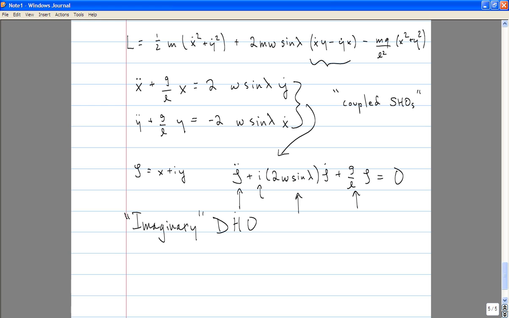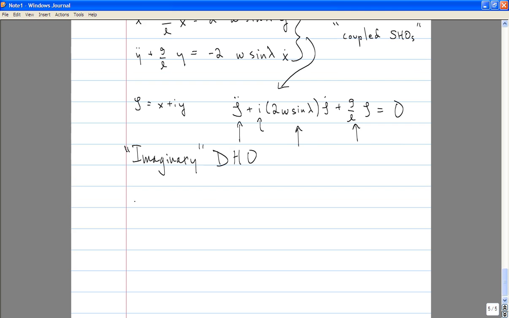So you know exactly how to write down the solutions. You just replace Q by iQ everywhere. In particular, the solutions are zeta equal to e to the i alpha t, where alpha is a root of the polynomial minus alpha squared plus 2 omega sine lambda i alpha plus g over L is equal to 0.